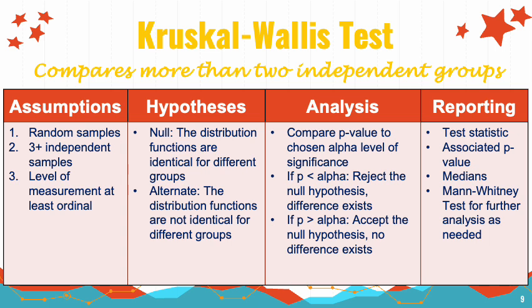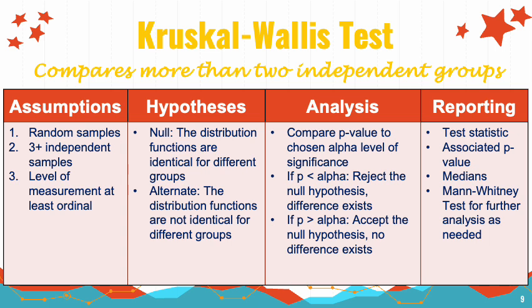If we assume that the nurses only work on 1 unit, then you have 3 independent groups. Maybe you have your ER nurses, your ICU nurses, and your OR nurses. Each nurse is only in 1 group, but we want to compare the 3 groups, so we're going to use the Kruskal Wallis test.